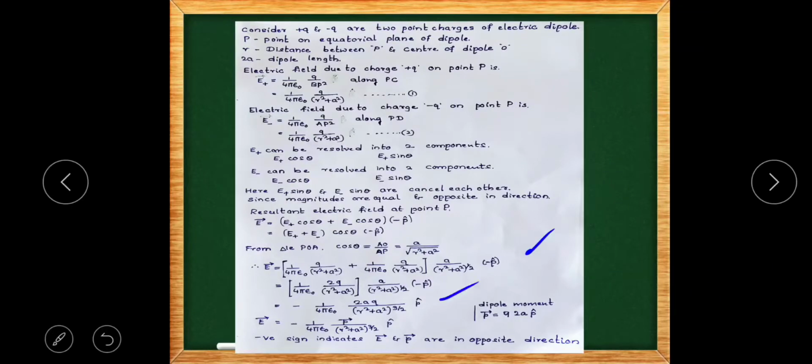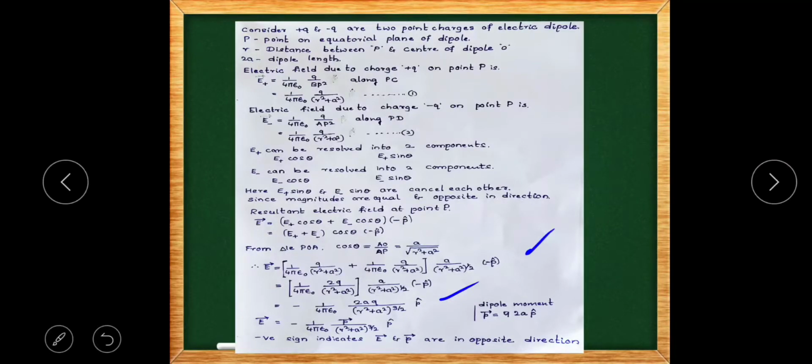The square root can be written as raised to 1 by 2. The negative sign is taken outside, equal to minus 1 by 4 pi epsilon naught 2aq divided by R square plus a square raised to 3 by 2.